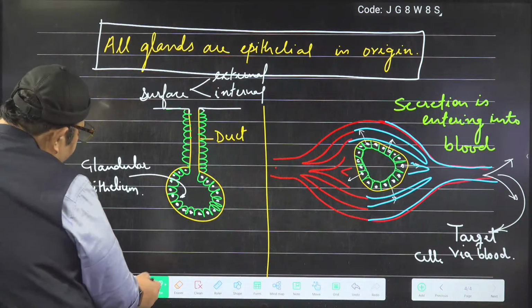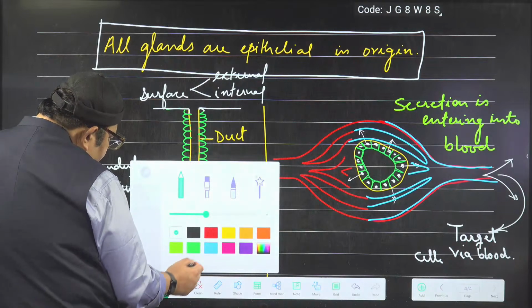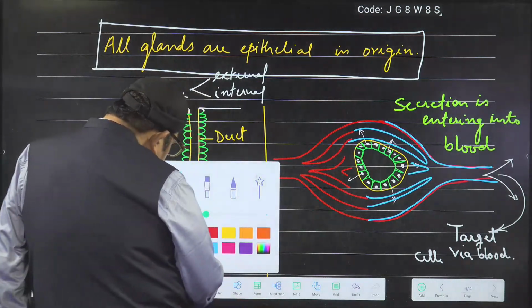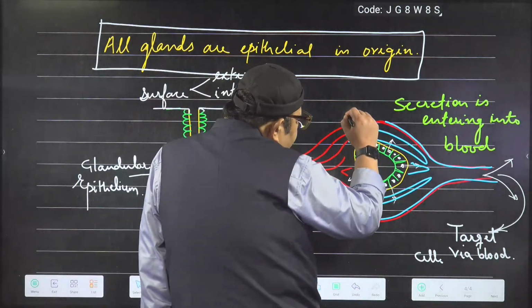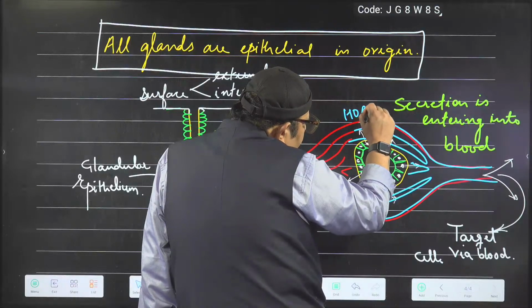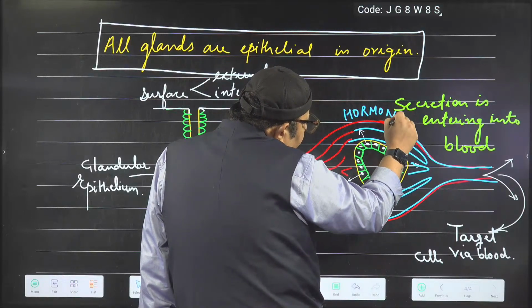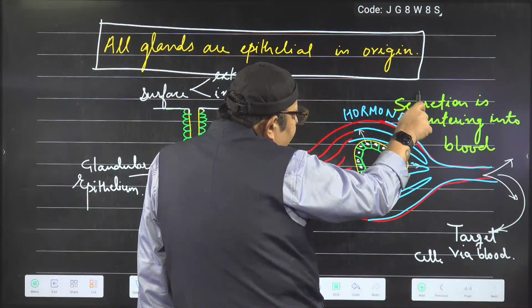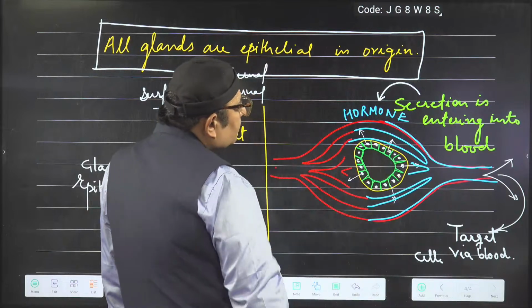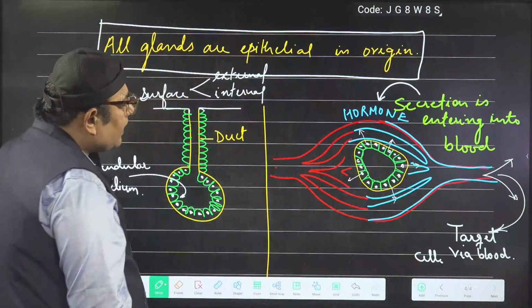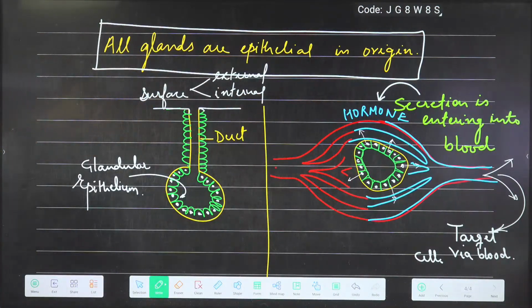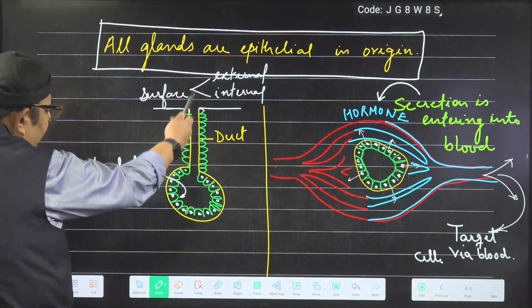Generally, the secretion of such a gland is called hormone. You all have heard the word hormone. The secretion of this type of gland is called hormone. This one is not hormone. No, this is a different secretion.